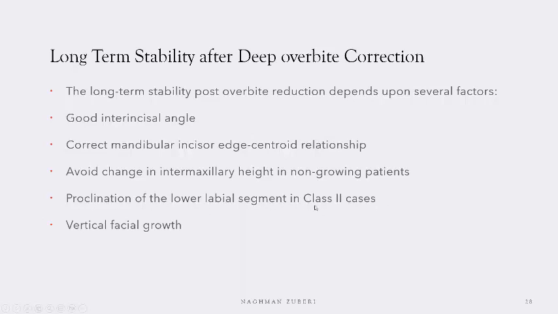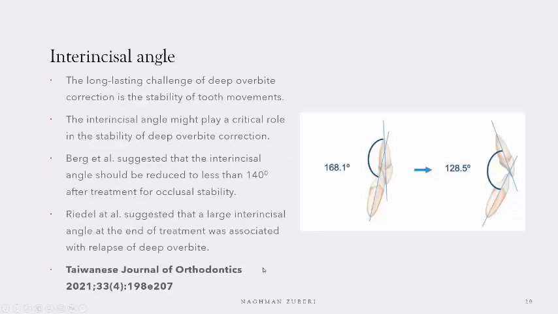Are you going to do that? Keep in mind how you are going to tackle long-term stability if you have proclined the lower labial segment. And then if a person is having vertical facial growth, till when will we be giving them long-term retainers, etc., etc. First of all, the interincisal angle.